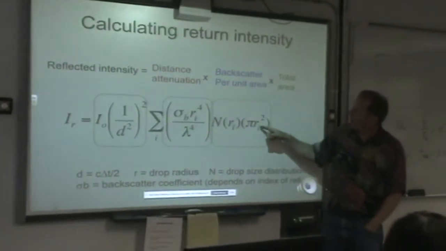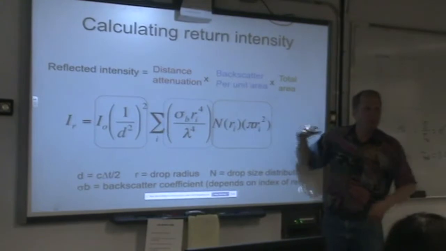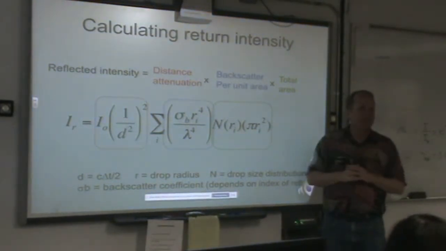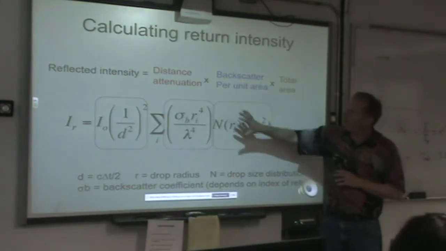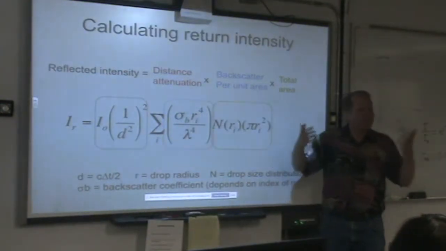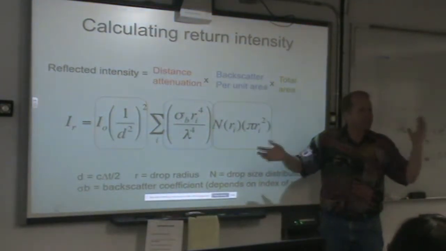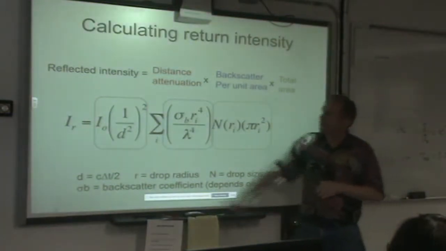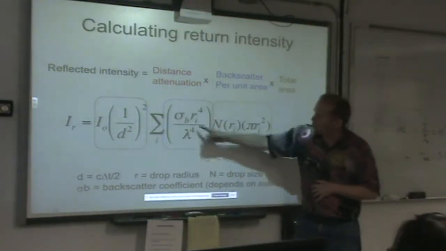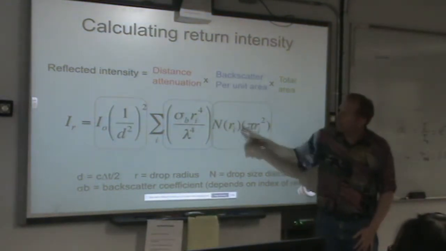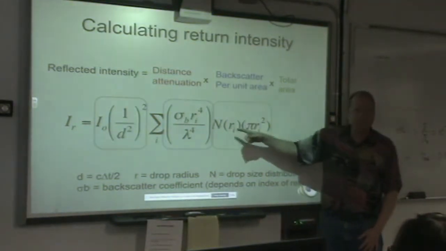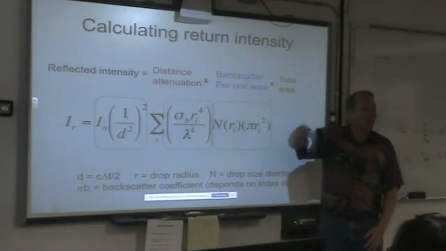And then we do pi r squared to do the cross-sectional area of that radius. Okay? So every one of these things should be, oh yeah, that makes sense. Shouldn't be that scary. Inverse squared applied twice, Rayleigh scattering, area of the particles. Main thing that's important here is this is the size distribution, how many particles you have of any given size. Okay?